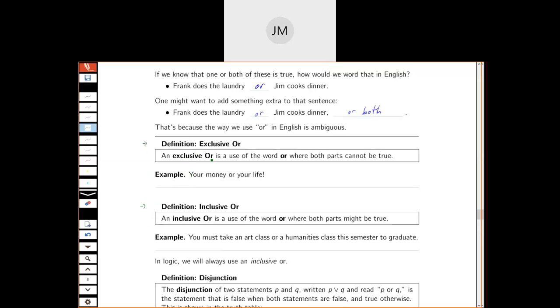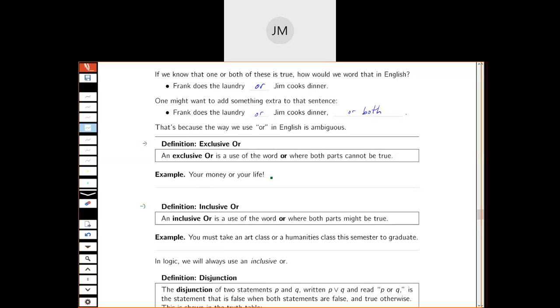So an exclusive or is when we're using the word or, but we don't mean that both parts can be true. For example, your money or your life. We don't mean both in this case.